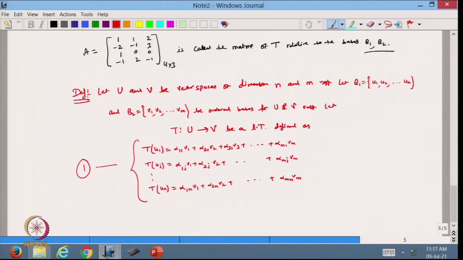Then the matrix associated with the linear transformation LT is given as follows.